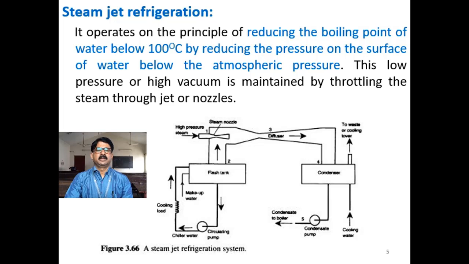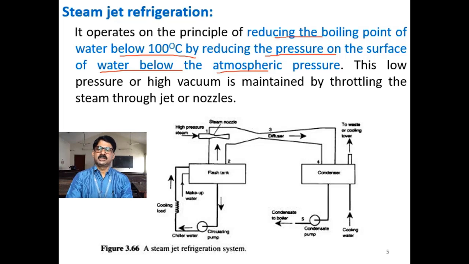Now let me explain the steam jet refrigeration. It operates on the principle of reducing the boiling point of water below 100 degrees Celsius by reducing the pressure on the surface of water below atmospheric pressure. You have to understand this point very clearly. As all of you know, the boiling temperature depends on the pressure.